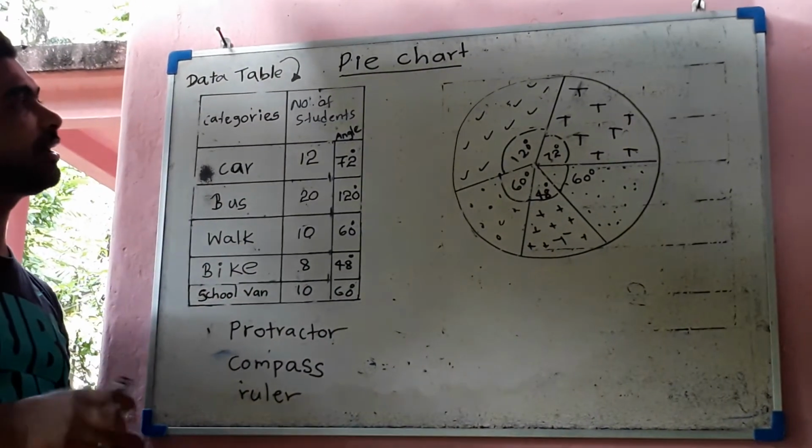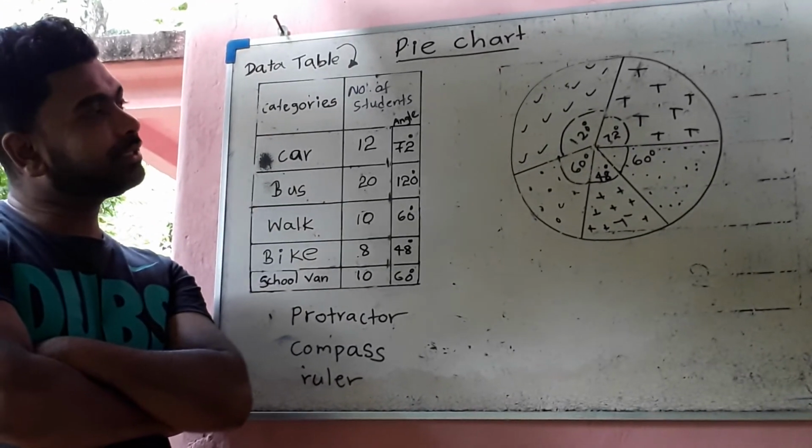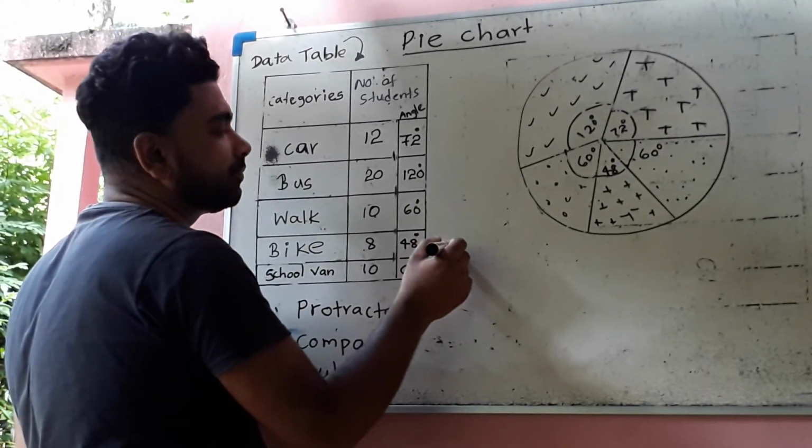For my pie chart, I have used different marks and symbols. Then here you need to write the categories.